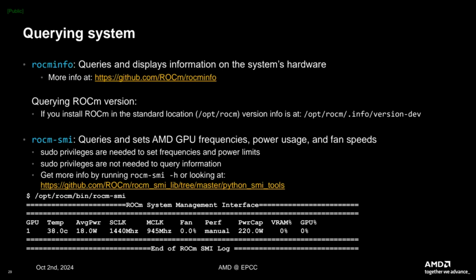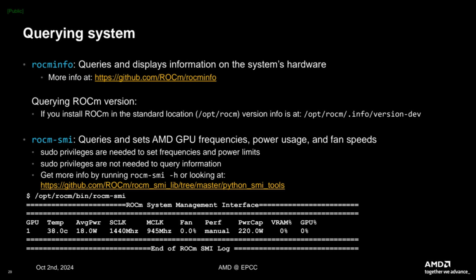With ROCm, you can also query your system and get information from it. I recommend you try some of these commands on our node, just to familiarize yourself with them and see what kind of output you're going to get. With rocminfo, you can get a variety of information. We saw yesterday that you can use it to find whether XNACK is enabled.